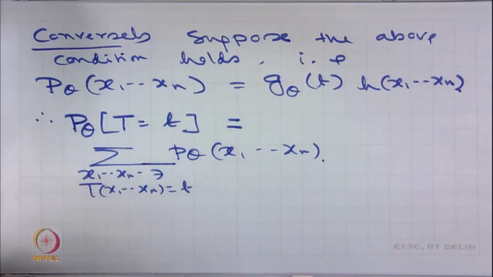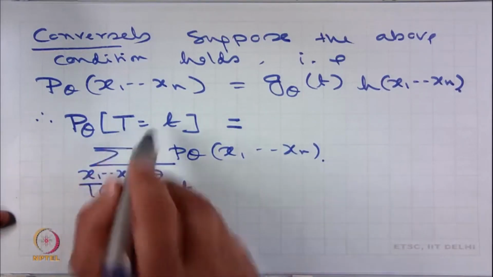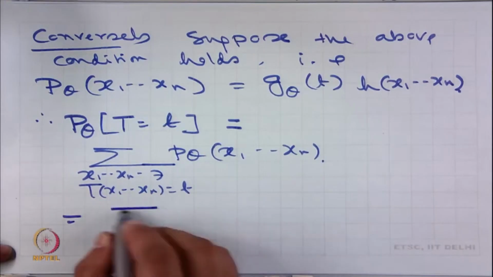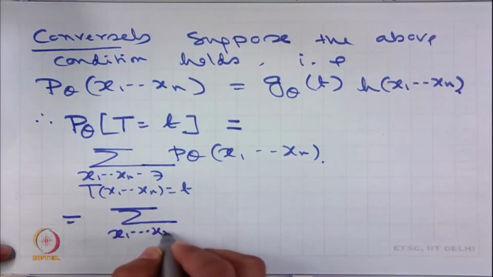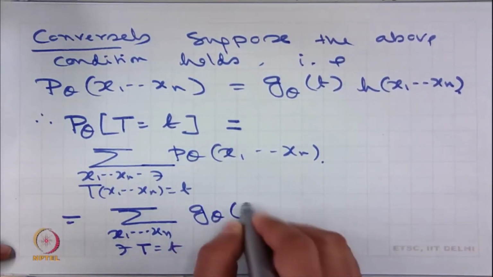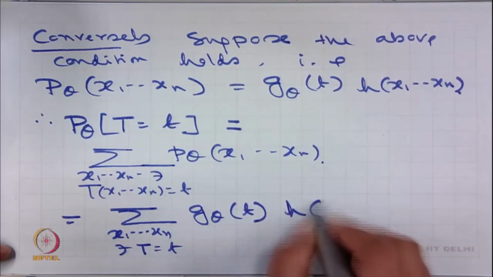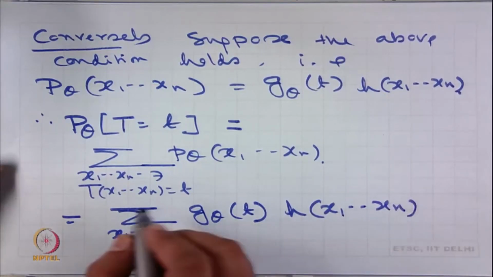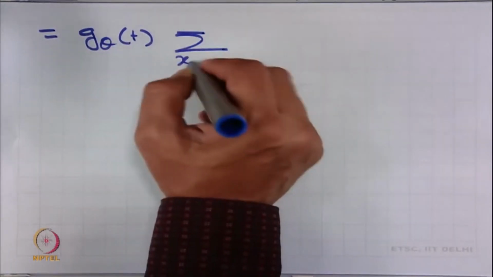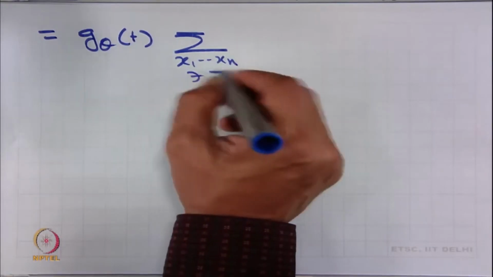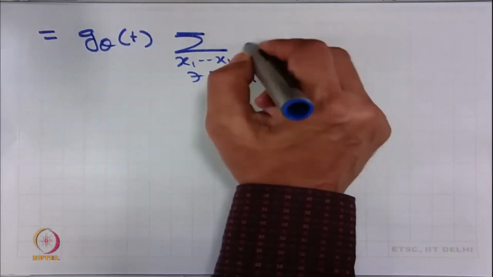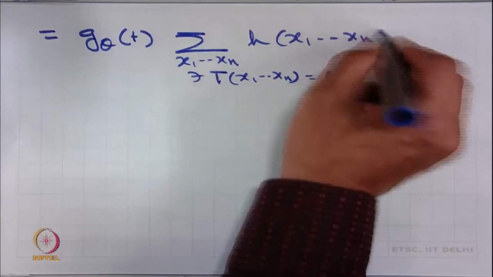I have to sum them up to find the probability that the statistic t is equal to small t, is equal to sigma over x1, x2, xn such that t is equal to t of g theta of t into h of x1, x2, xn, is equal to g theta of t sigma over x1, x2, xn such that t of x1, x2, xn is equal to t of h of x1, x2, xn.